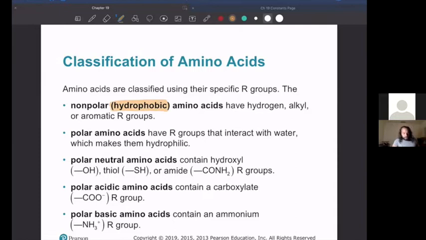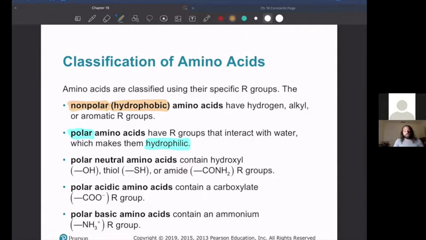And then there are a few different types of polar groups, okay? Polar groups would then be what are called hydrophilic, right? Hydrophilic is synonymous with polar, just like hydrophobic is synonymous with non-polar. Polar groups like water: hydrophilic, water loving, right? There are three categories of polar groups.